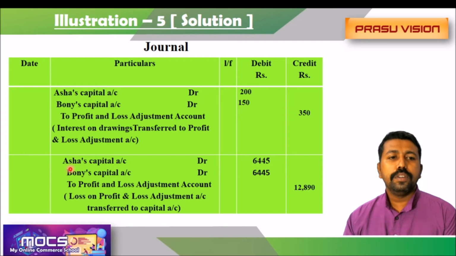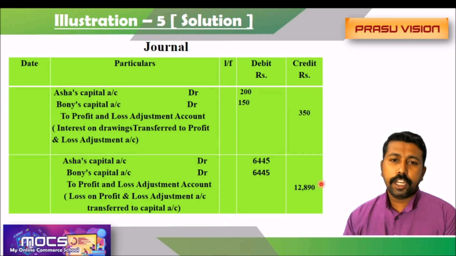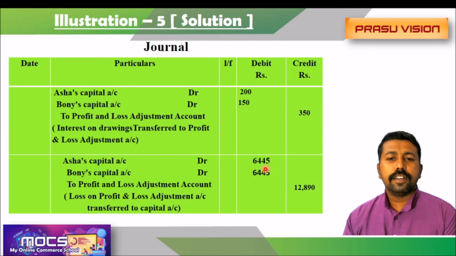Then we have to find out the difference in the profit and loss adjustment account, that is 12,890. It will be shared equally. The amount of sharing is 6,445. The amount is loss.